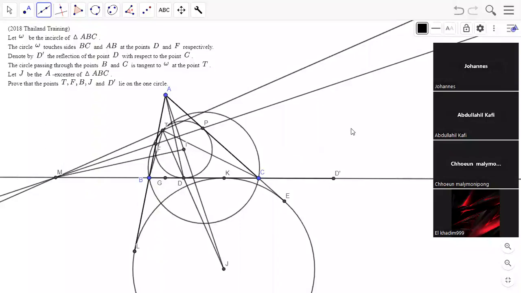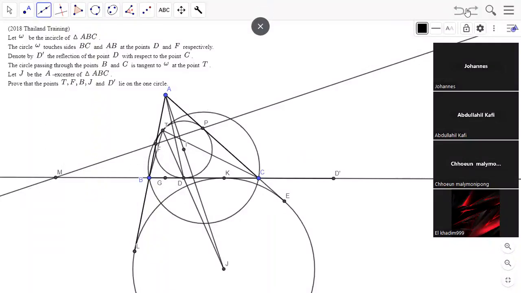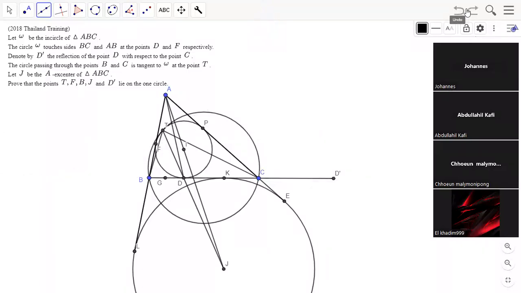Yeah, with some angle chasing, that's kind of how I did it. So I'll hide that stuff for now. So for now, let's just assume it's an angle bisector.